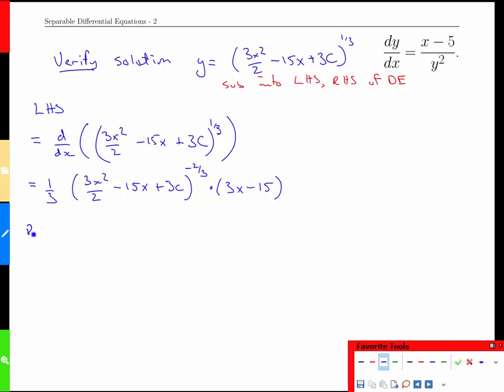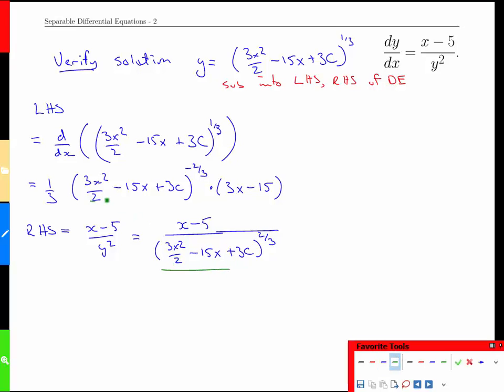So let's take a look at the right-hand side separately, which is (x minus 5) over y squared. Well, x minus 5 is what it is. The y squared shows up here as (3x squared over 2 minus 15x plus 3c) to the 2/3, since it's squared, and we had 1/3. If we take a careful look, this term here is exactly equal to that term there.